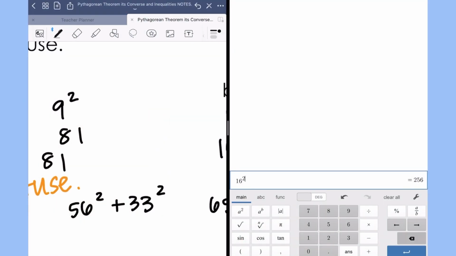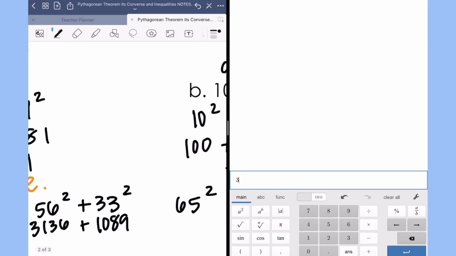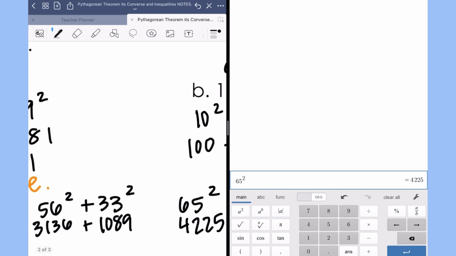56 squared is 3136. Okay. Now 33 squared is 1089. Okay. And then 65 squared is 4225. All right, and then we add the numbers on the left.